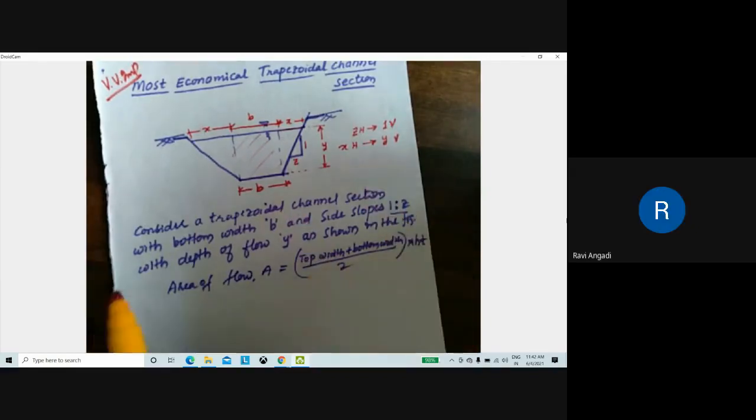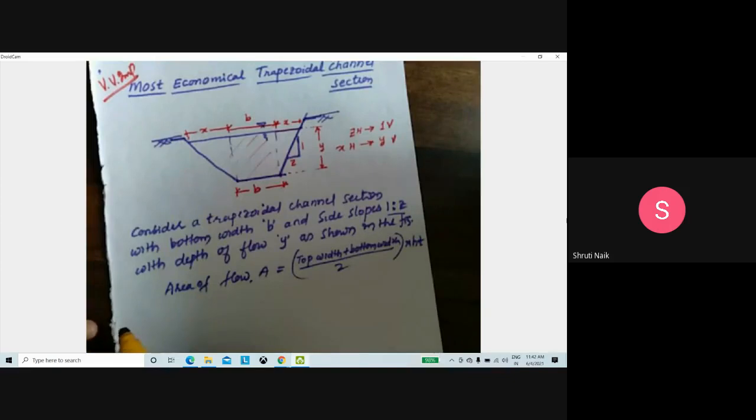Now, what is the next step? You only tell me. Simple mathematics. What is the next step? I need to calculate X. Pythagoras theorem, sir?